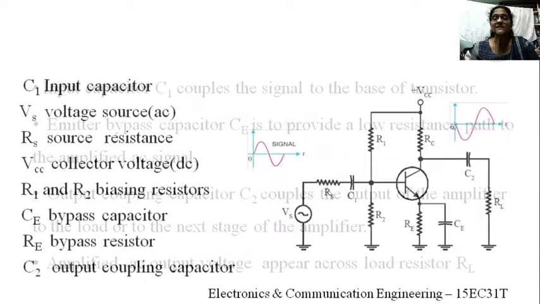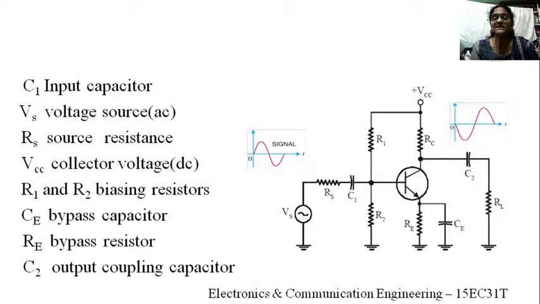That is, if CE is used, it gives a low resistance path to the amplified AC signal. If the bypass capacitor is not used, what happens? All the amplified AC signal will flow through the RE. What happens?